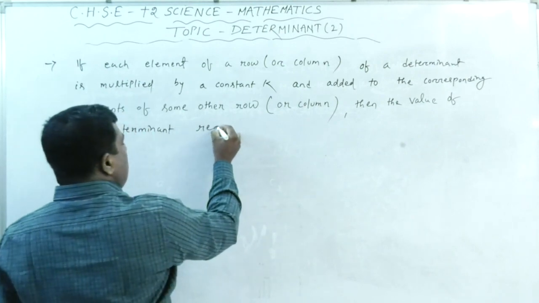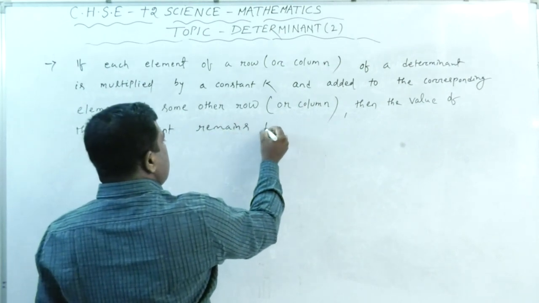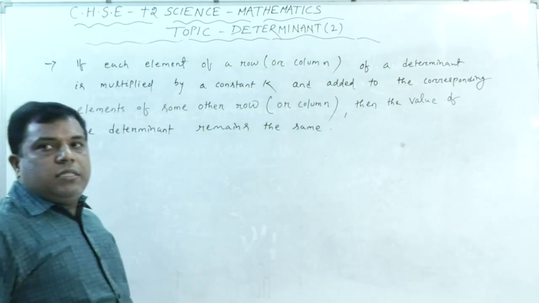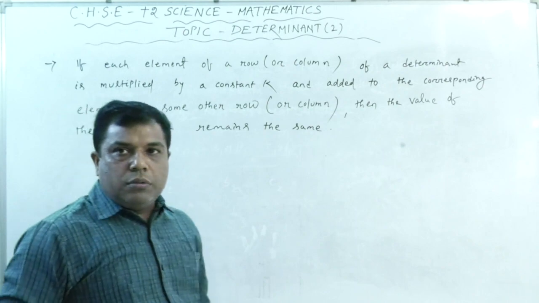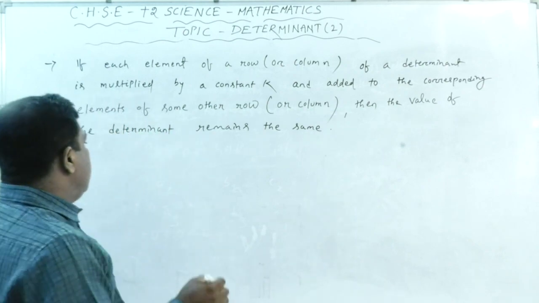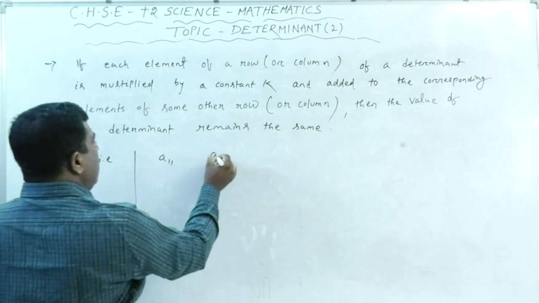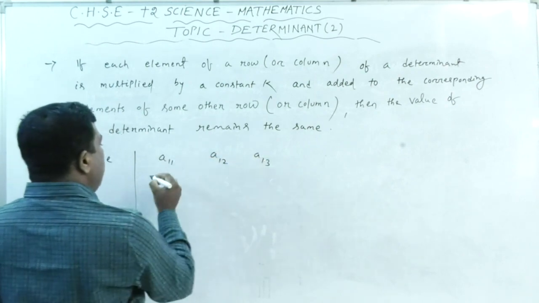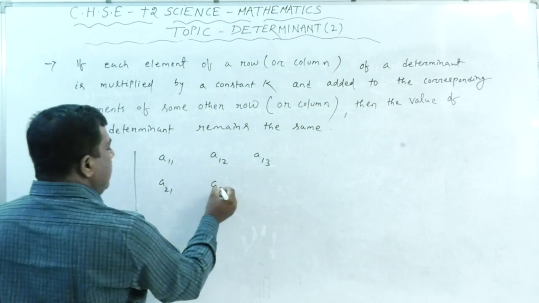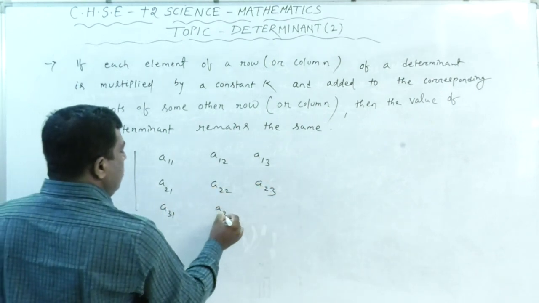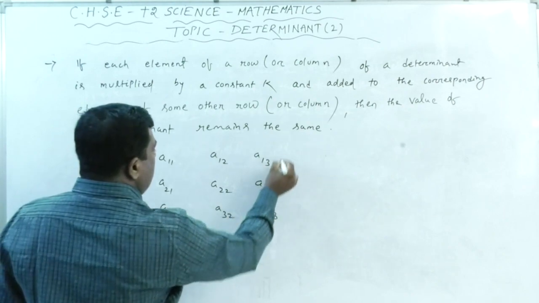This property says that one. Okay, so it is very important. Try to understand this one. That is A11, A12, A13, I am writing there A21, A22, A23, A31, A32, A33. So it is a third order determinant.